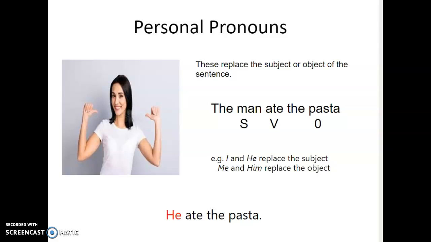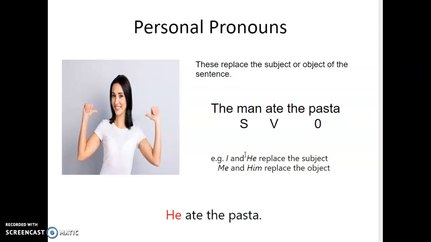So for the personal pronouns, what they are: pronouns that replace the subject or object of the sentence, when the noun refers to a person or people. For example, we have here, the man ate the pasta. So we have that noun man there, referring to a person.